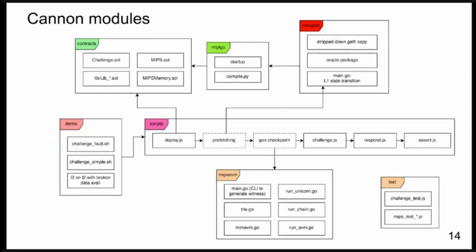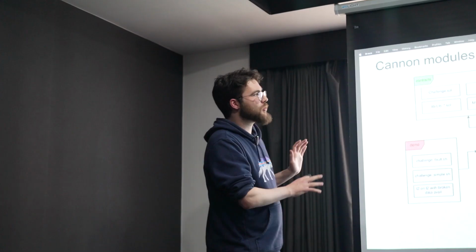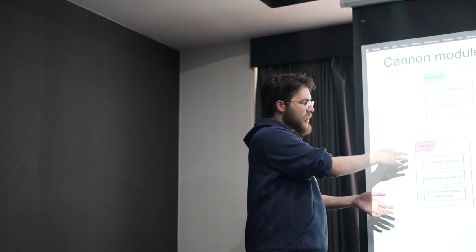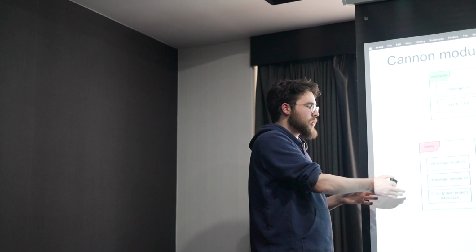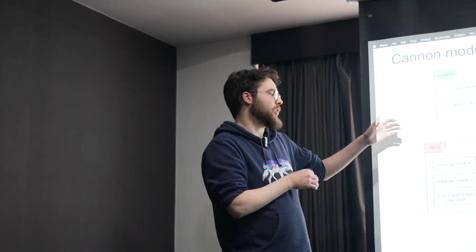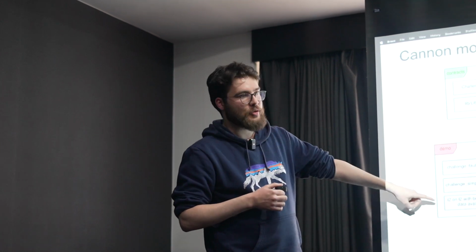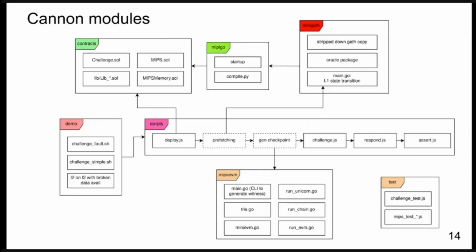So this is what it looks like from the perspective of the demo, if you walk through the full repository. From left to right, you have these ideas about creating a challenge, and then with a fault or a simple correct one. And then there's this layer 2 on layer 2 variant, which is really just taking the layer 1 EVM and using layer 2 state instead. It's not yet the full derivation.